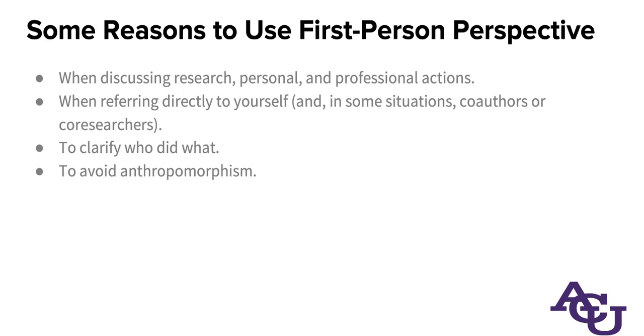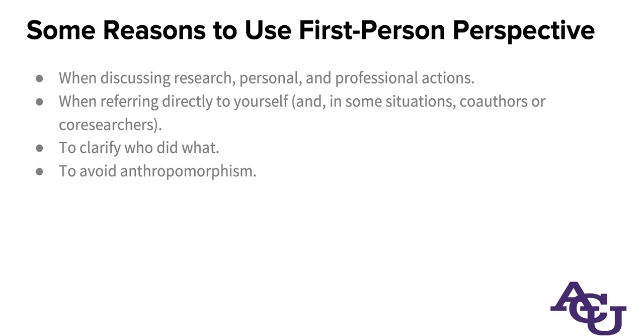If every sentence is I, first of all, it's monotonous. Second of all, it makes it sound like the focus is on you rather than on the things that you're doing. And third, it can obscure the things that you are trying to get the readers to pay attention to.